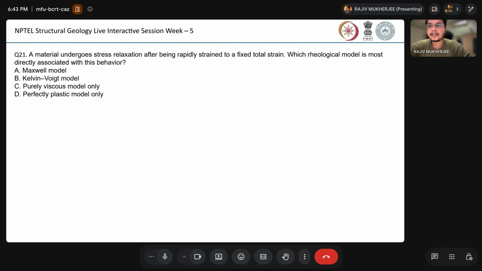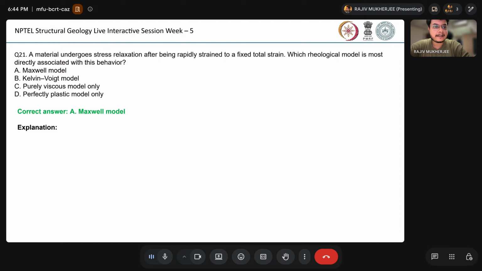Option B, Kelvin-Voigt model. Option C, purely viscous models only. And option D, purely plastic models only. And since we have been discussing all these numerical problems related to Maxwell's rheology or Kelvin-Voigt rheology, we can obviously say the correct answer is option A, which is the Maxwell model.